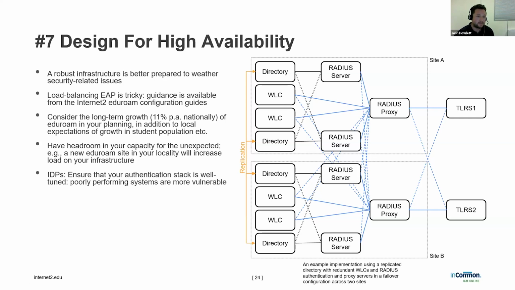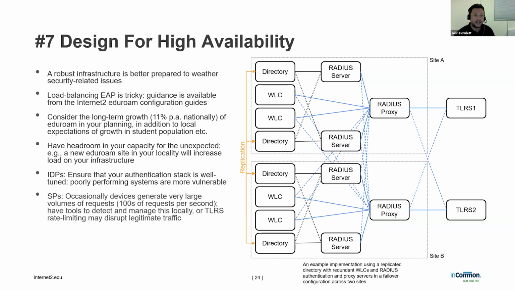For identity providers, make sure that your whole authentication stack is performing well, not just the RADIUS servers. So for example, your Active Directory and everything else. And service providers, as I mentioned earlier, very occasionally devices will generate very large volumes of requests. These will be poorly behaving devices.